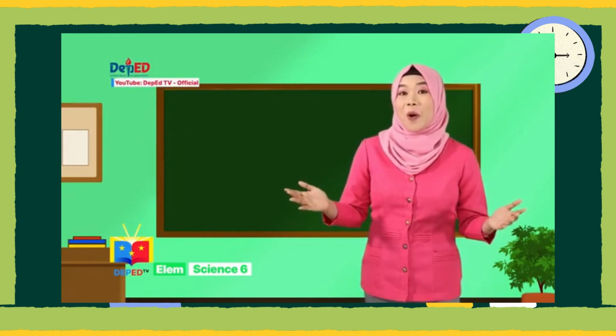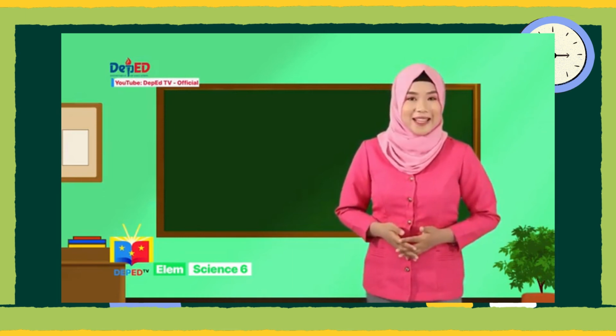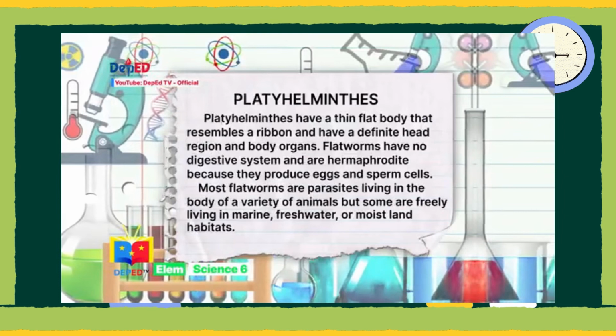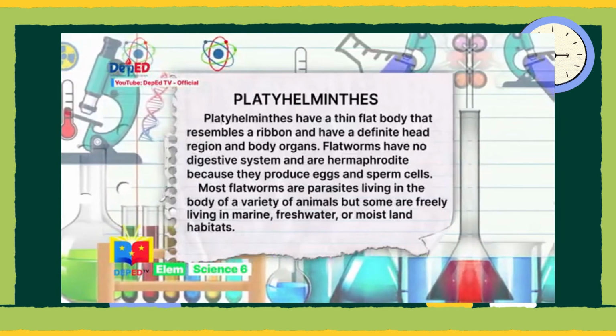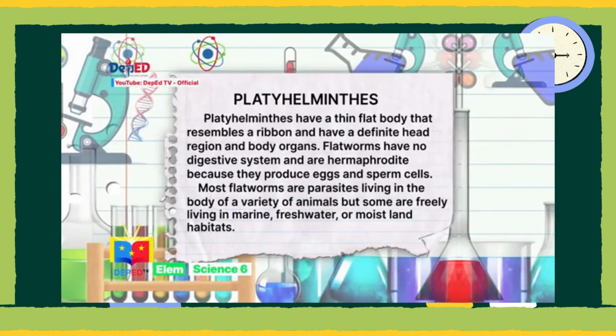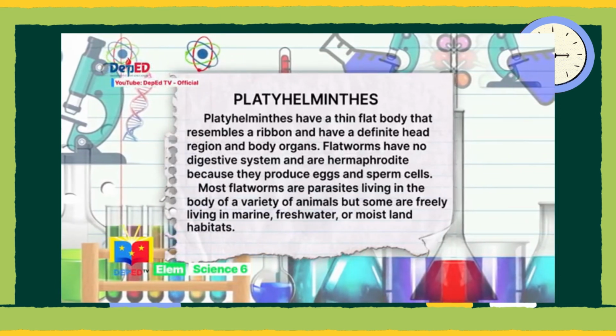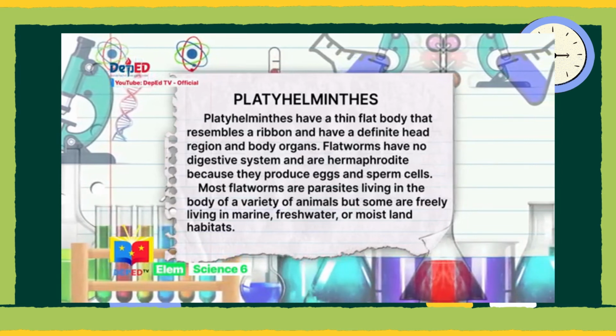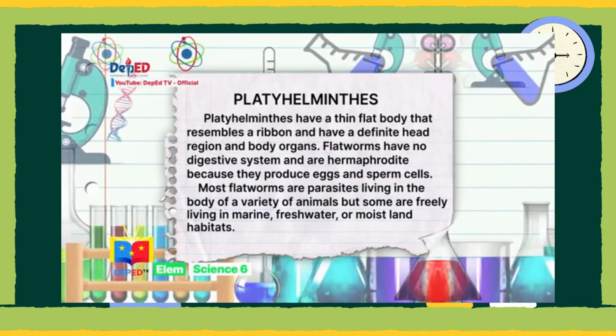Now, let's learn more about the platyhelminthes and their characteristics. Platyhelminthes have a thin, flat body that resembles a ribbon and have definite head region and body organs. Flatworms have no digestive system and are hermaphrodite because they produce eggs and sperm cells.